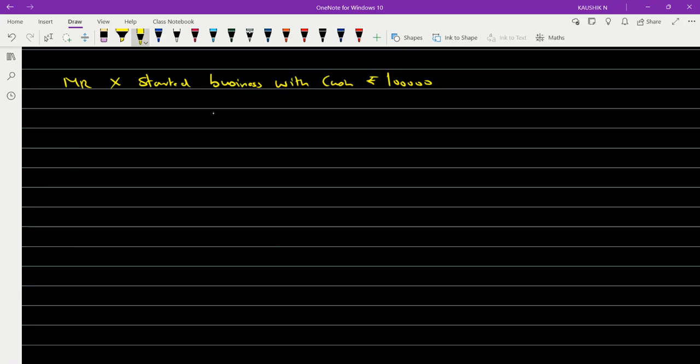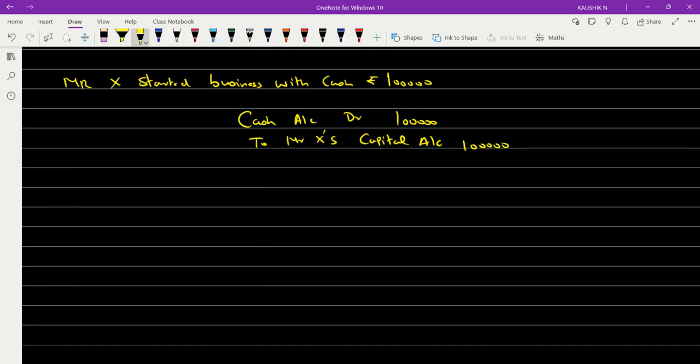Now, if they ask you to prepare the necessary ledger account, the journal would be: cash account is debited to Mr. X capital account, 1 lakh.